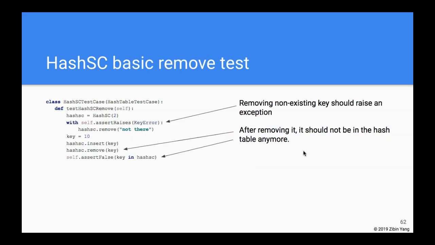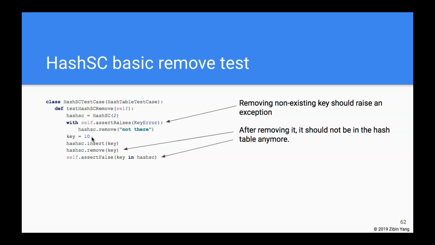And next, now that we have a remove method, we should write some very basic tests for it. In the same strategy here, the first thing we try to remove is something that's not there. It should raise a key error.